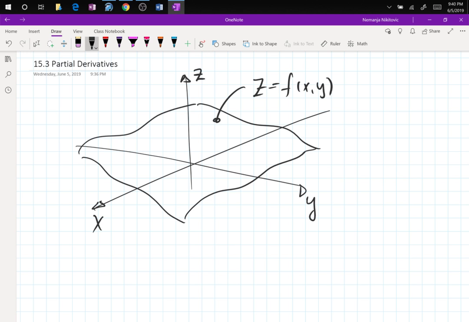I would like to calculate the change along the x-axis. Think of any kind of surface. This is a wavy surface that I am mimicking when I put this microfiber cloth on my hand, right? And imagine now having some kind of a surface like that.